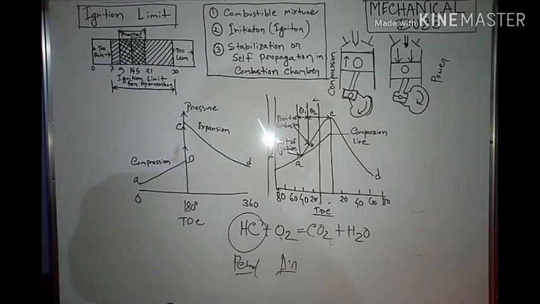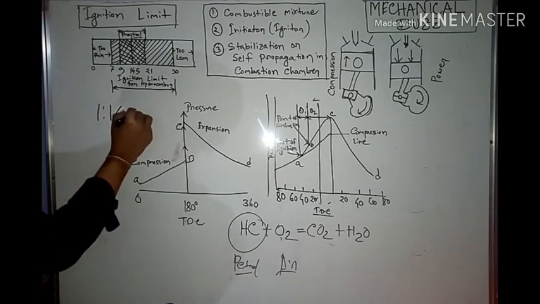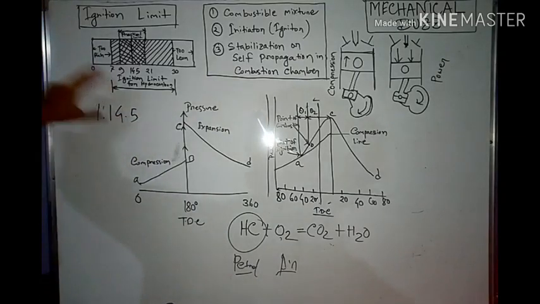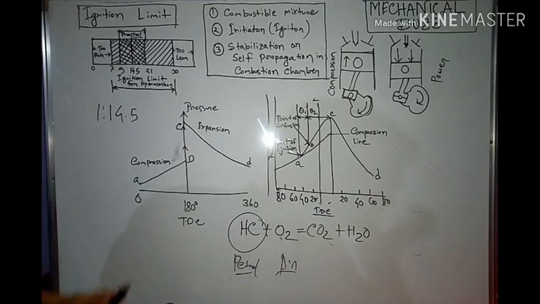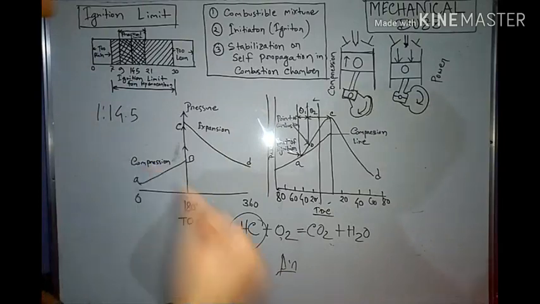The stoichiometric air-fuel ratio for SI engines running on petrol is 1:15 or 1:14.5. The ignition limit depends on that ratio, because if your engine is getting 1:14.5 or 1:15, it is going to burn very smoothly. If other factors like the cylinder are okay, and the fuel quality is very good, then your engine is going to smile on you.